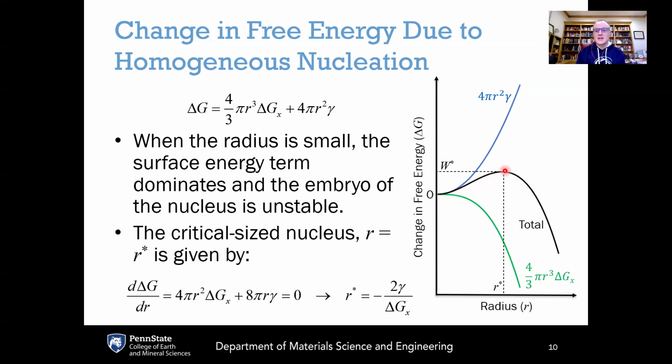So any nucleus that is of a size smaller than R star is unstable, and it's thermodynamically favored to shrink and disappear.